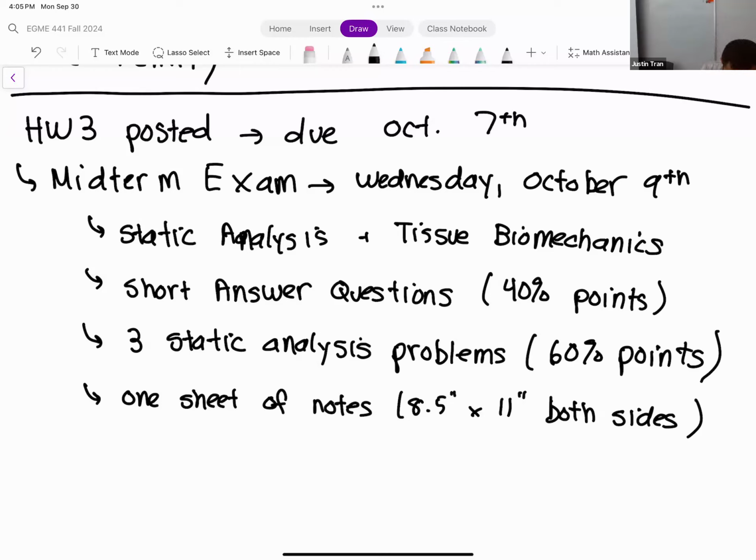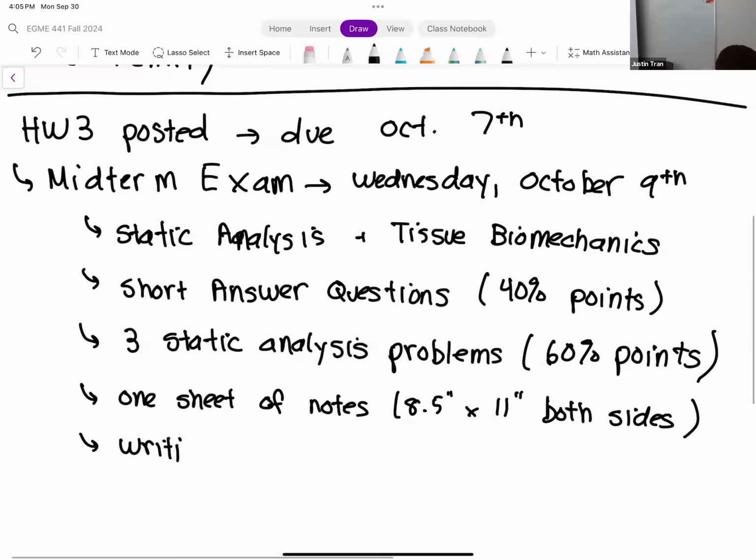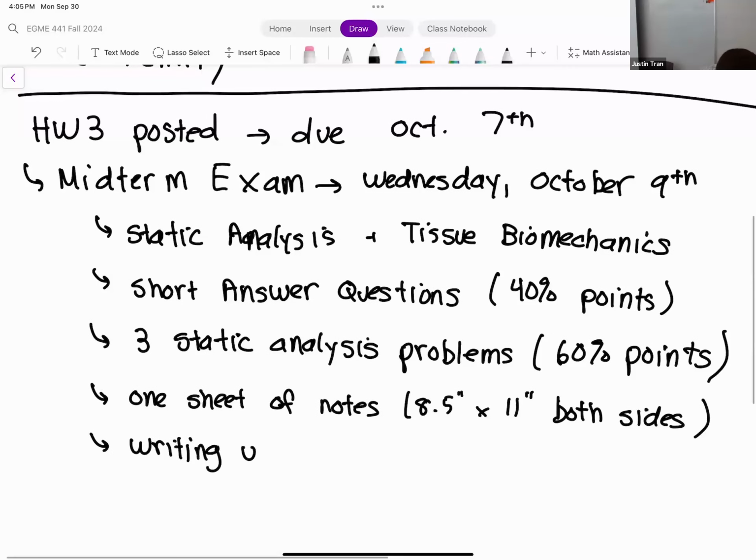Okay. The other materials that you can bring for the exam are, of course, your writing utensil. So pencil, pen, whatever is most comfortable for you. And a calculator.